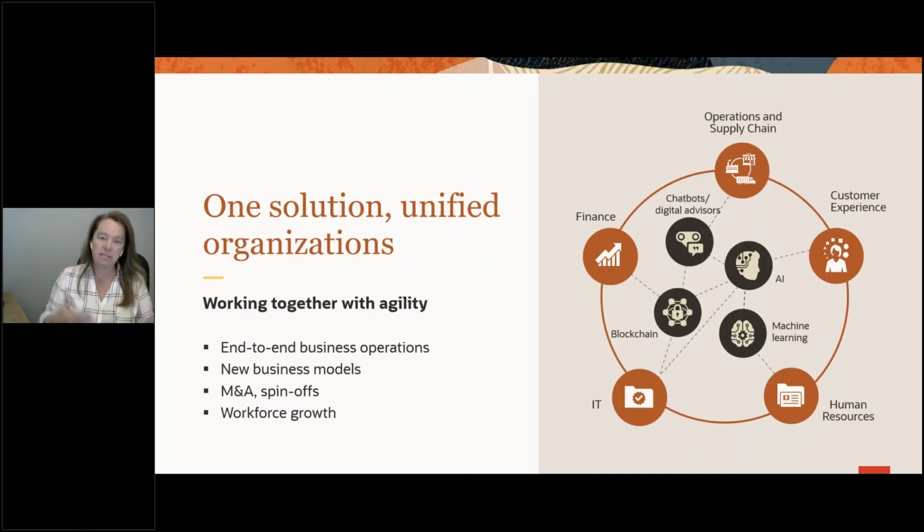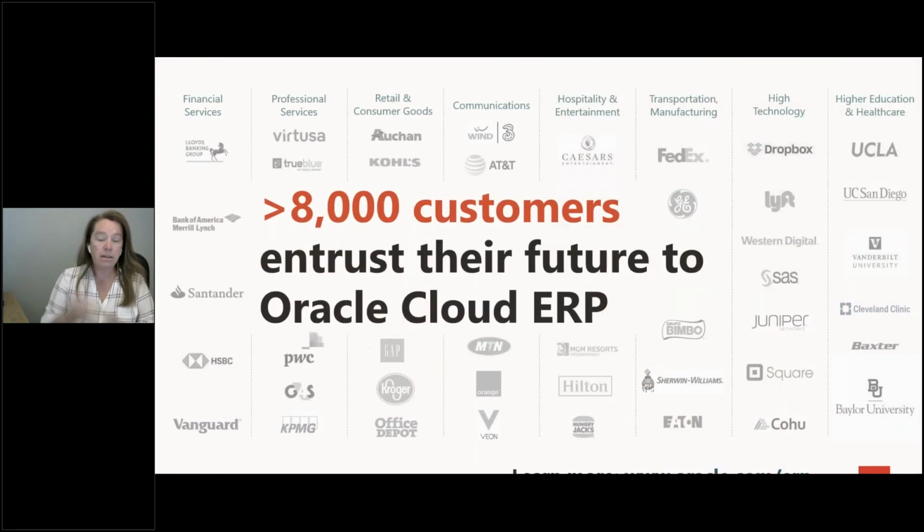There are other things like that. So it's really a full ERP with everything that you would need from finance all the way to customer experience, human resources.